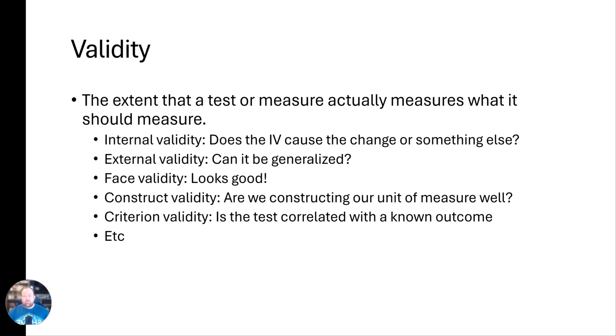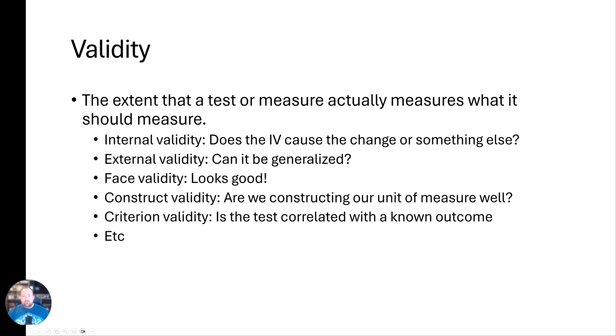There can be all sorts of different ones, depending on where you look. But these are the big ones that most of the time we need to be aware of. Internal validity: does the independent variable cause the change, or is there something else? External validity: can it be generalized? Can it be applied to other groups of people or populations?